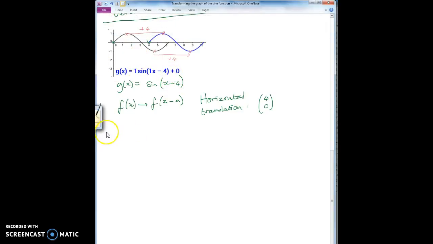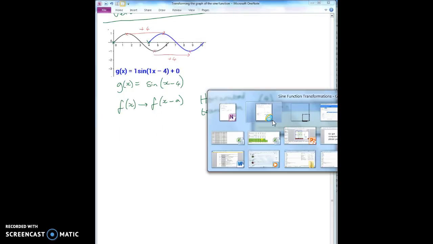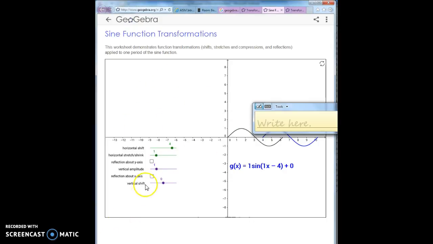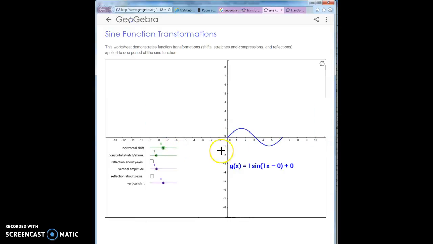Okay. Alright, let's have a look at the last transformation now. Let's just return these values to normal. Okay. And we're going to look at horizontal stretching or shrinking. So play around with this slider now. Oops, there we can see the effect of stretching and compression.